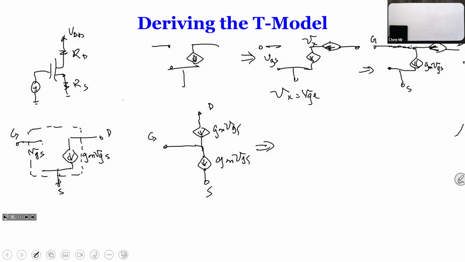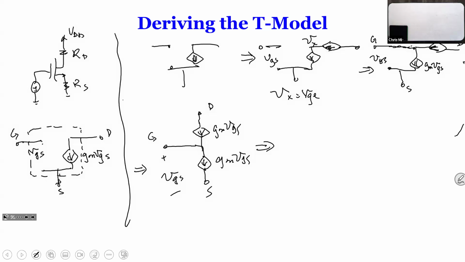Now, what's important at this point? You understand there's a voltage between G and S, right? If you look back at the circuit, this is VGS, so from here to here is VGS. This is the controlled current source, gm times VGS, and the voltage across this current source is also VGS. What does that mean to us?